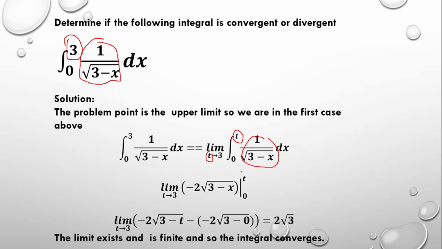So as t approaches 3, after putting your values inside, wherever you see t you put your 3 inside. So here it becomes 0, and here, since it's 0, you're going to get positive 2 root 3. So since we're getting a limit that exists and is also finite, the integral converges.